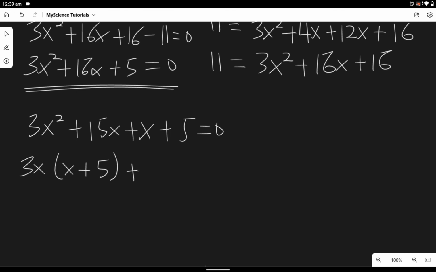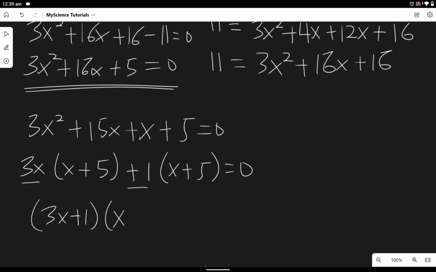So here plus, between x and 5 there is one common, then we have 1 into bracket x plus 5 again is equal to 0. So it means that we can now group this guy and this guy. So we have into bracket 3x plus 1, and then we repeat one of the ones in the bracket, x plus 5 is equal to 0.